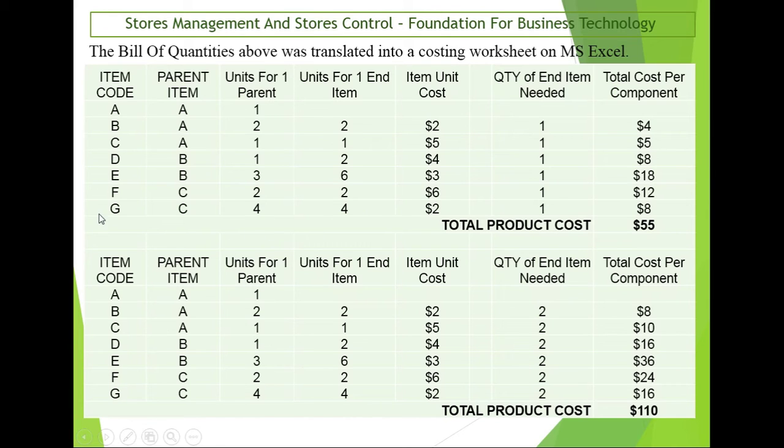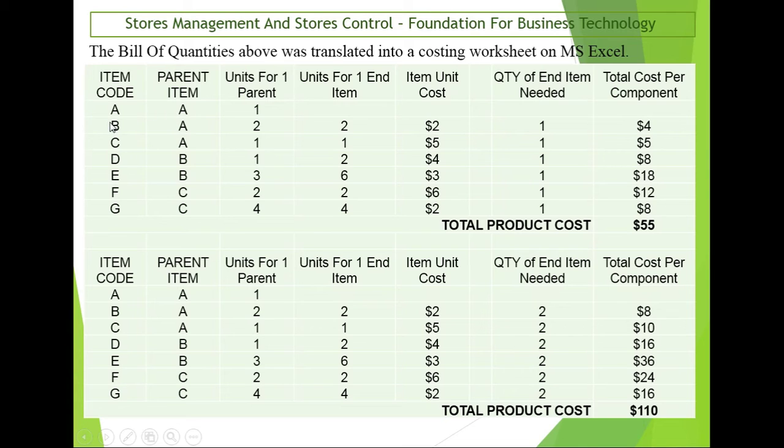From this first column until the fourth column, that's the matrix that says item A is the parent item and we need one of it.